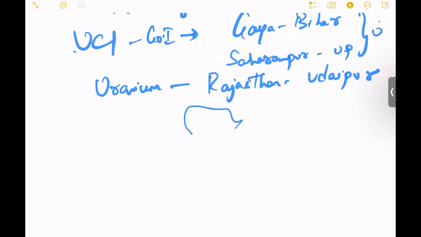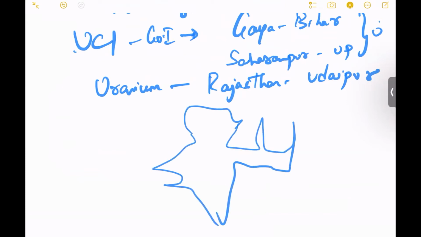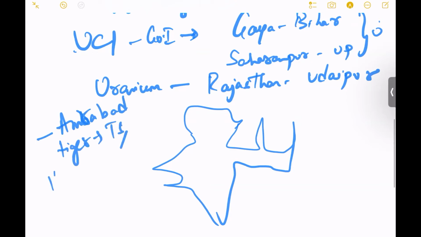So all these are the important places where you are finding uranium. Just draw the India map. This is how much time I take for an India map, and this is reasonable. And recently, in Amrabad Tiger Reserve in Telangana and the Kadapa belt of AP, you have uranium reserves.